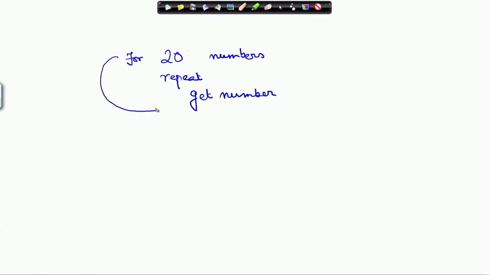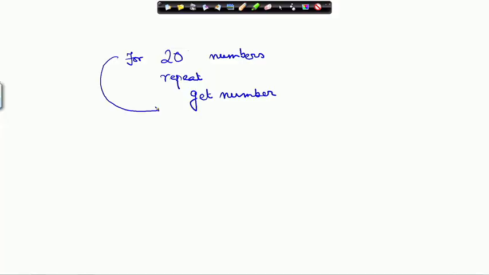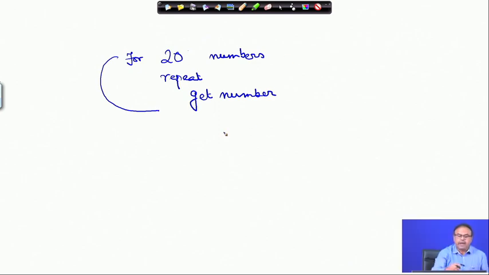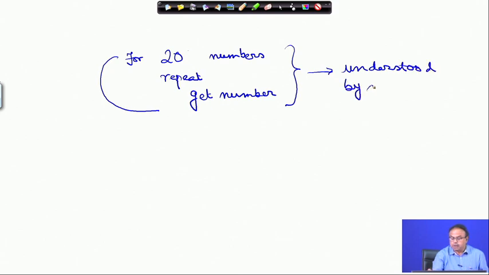That is possible. So, for 20 numbers I will be getting the numbers. I do not need to write down 1 get first number, 2 get second number, 3 get third number, not like that. With one instruction I can express myself, but whether this will be understood by the computer or not is a different question. So, I am keeping that question open. Understood by machine, and whenever I talk about machine, I mean a computer, all right.